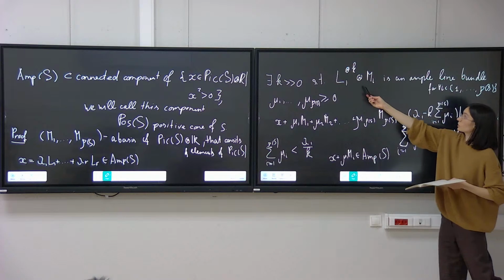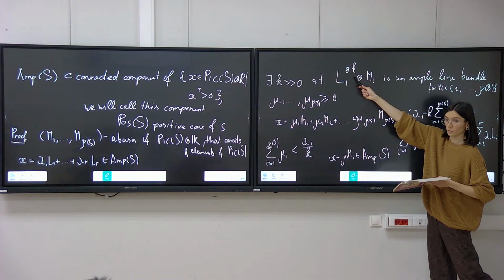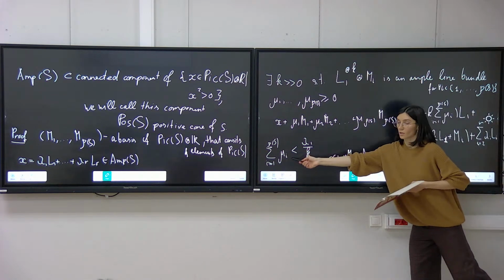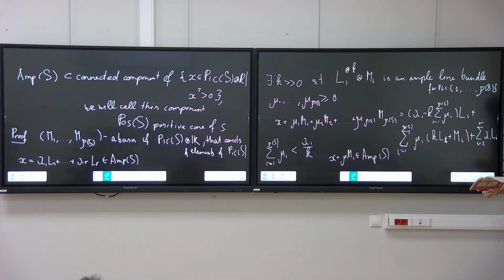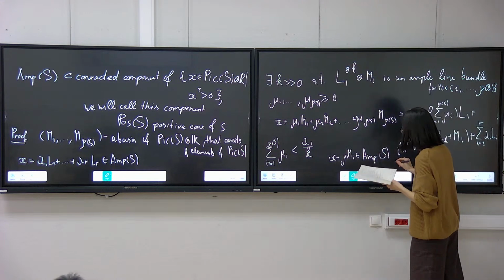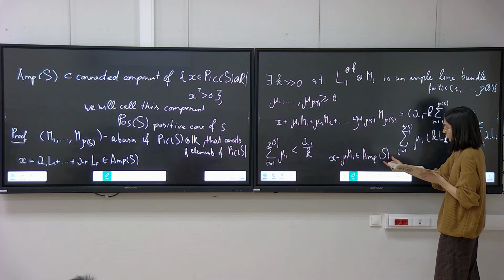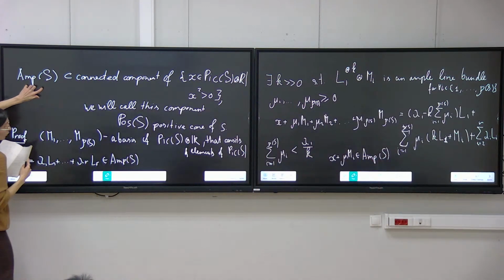This is our supposition that we take a big enough twist of Li. So this is an ample line bundle with positive coefficients. And this is also an ample line bundle with positive coefficient because we take this sum in such a way.